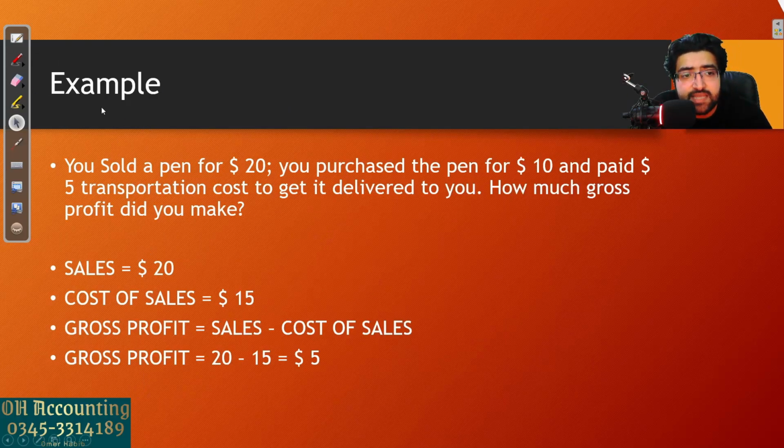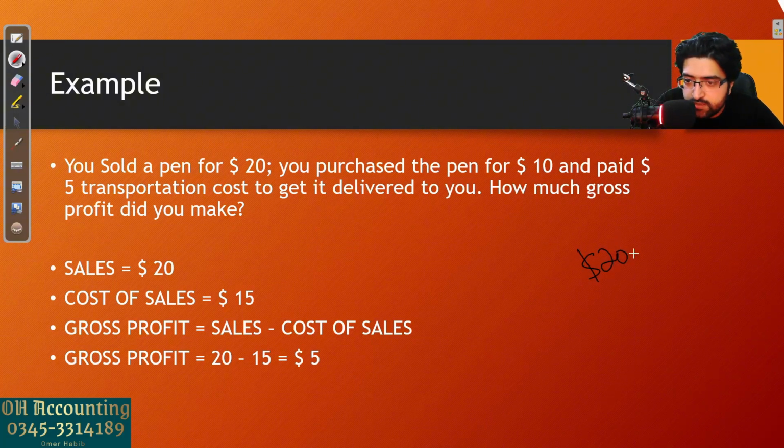Okay, this is an example. Let's read the example. I have made this example myself. I have kept it simple. There's nothing tricky about this. It's very basic. Imagine you sold a pen for $20. You're selling it, so your sales were worth $20, right?